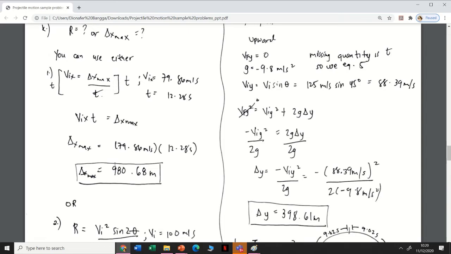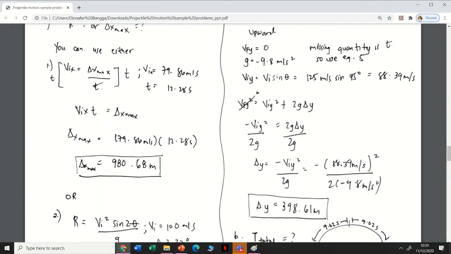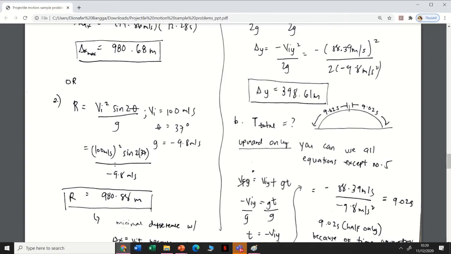You isolate delta x, and you would have your working equation equal to Vix times time. Substituting the values, it would give us 980.68.